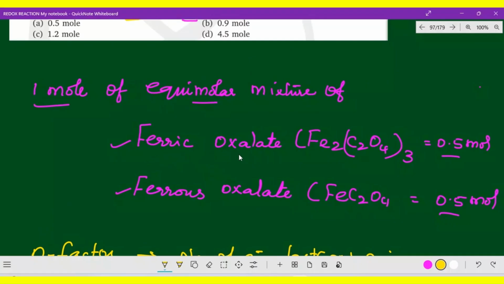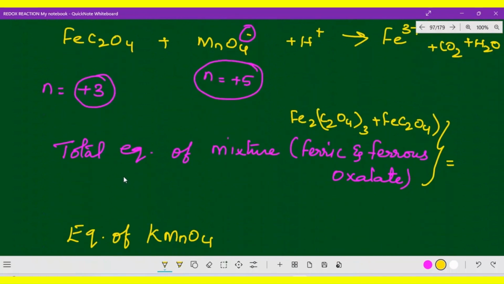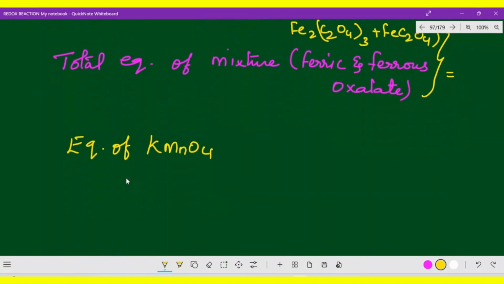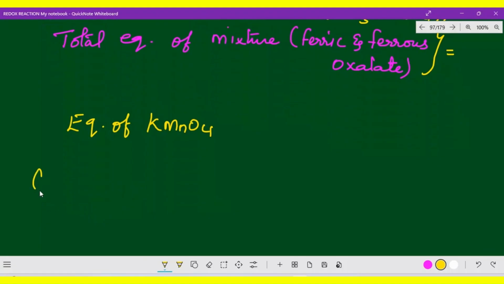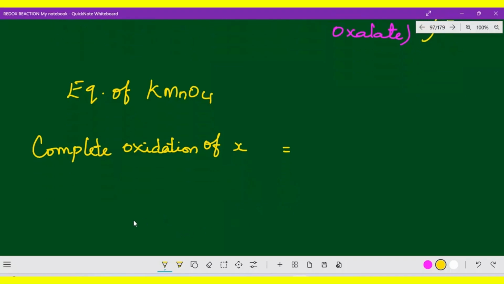Now as I mentioned earlier, this is 0.5 mole and this is also 0.5 mole. Here ferric oxalate 0.5 mole, ferrous oxalate 0.5 mole, combined together 1 mole. Now for complete oxidation, we have to find out the X, right? So complete oxidation of X is equal to, first one ferric, 0.5 into n factor 6, plus 0.5 ferrous oxalate into n factor 3, both will be equal to X into 5, right?